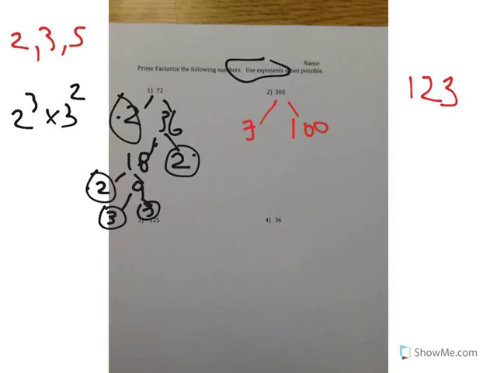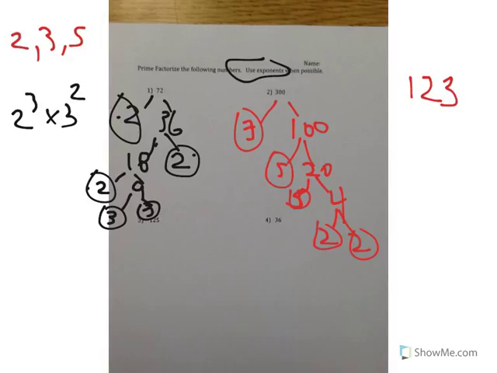But getting back to this problem here, 300, the prime factorization: well, 3 is prime. Then we've got 100, which is 5 times 20. And then we've got another 5, because 20 is divisible by 5 again. And 4. And 4 is not prime, so it's 2 and 2.